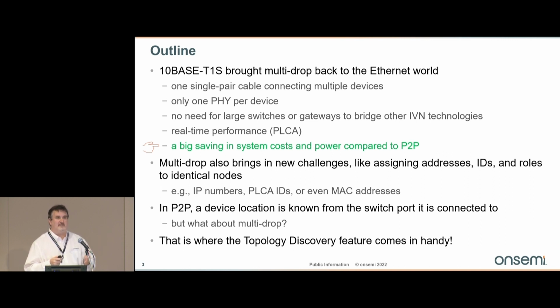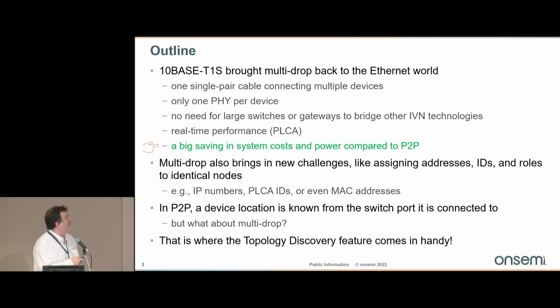And by the way, this is a very sensitive area of your application because it becomes very cost and power sensitive. And this is where 10BASE-T1S was invented, and it sort of resurrected multi-drop back to the Ethernet world. The reason for that is well known from other IVN technologies like CAN. With multi-drop, you have one single pair cable connecting multiple devices on the same mixing segment.